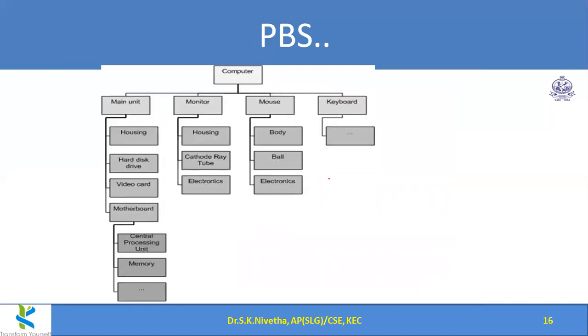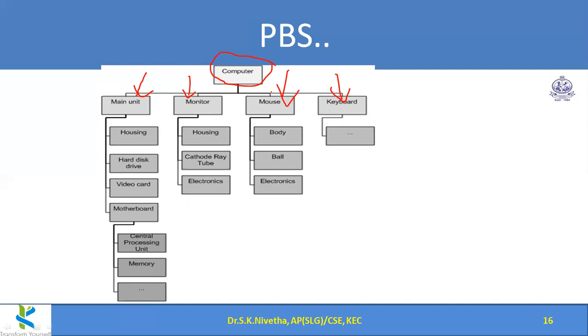Next, this is one example of PBS. The project here is to develop a computer, to manufacture a computer. So in that case, it is a hardware project. In that, the deliverables would be the main unit, developing a monitor, developing a mouse, and developing a keyboard. So these are the physically representable products.